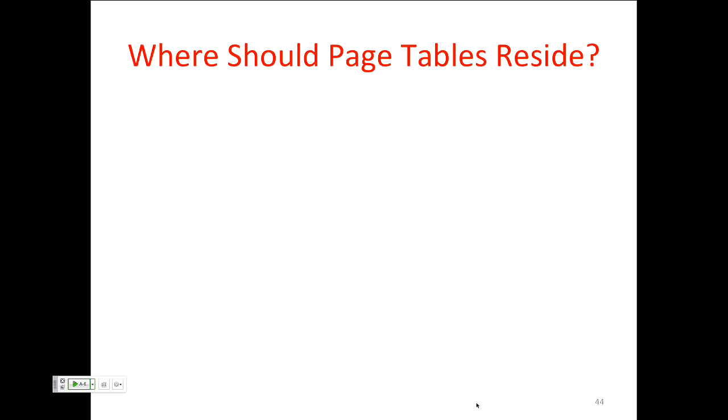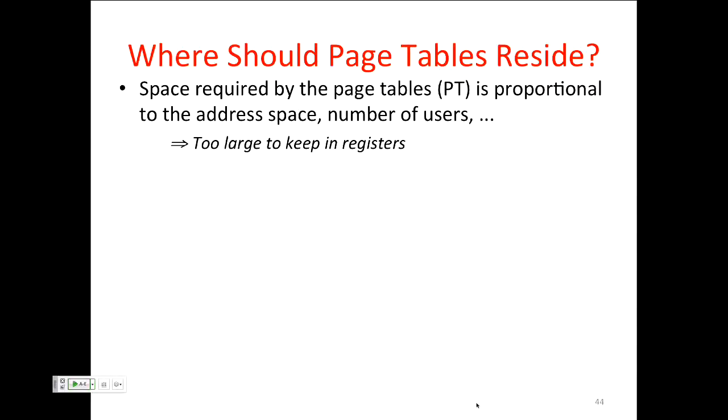So this gets back to the question, where's that page table stored? And it is stored in memory itself, but there is a problem, which is that how big would the page table actually be? And if we just implemented it the naive way, if we just had a table where we say the first 4 kilobytes of the address space go to this location, the next 4 kilobytes go to this location, etc., it means that we need one address for each 4 kilobytes in the entire address space.